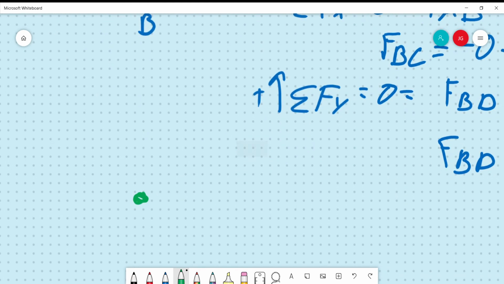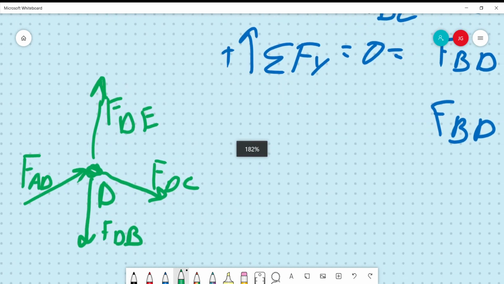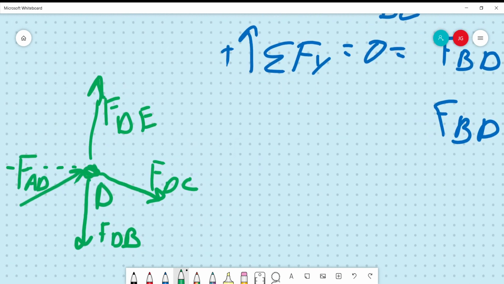And we're going to move on to point D, which has FDB, FAD, FDC, and then FDE. And as you know, these angles are going to be also equal to alpha. I'm just too lazy to write things out.